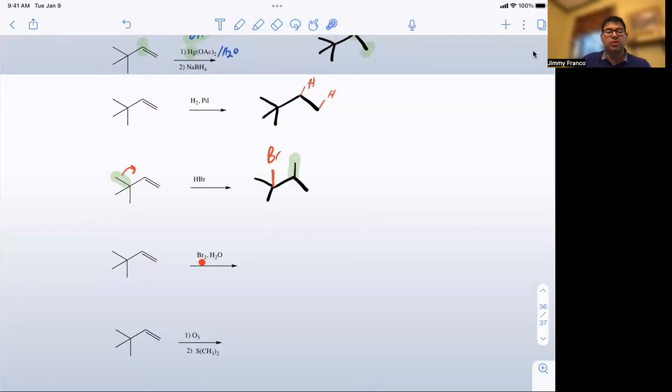If you see Br2 or Cl2, we won't rearrange, just like we did on the top. Before, we would have added right across the double bond. But when it's in the presence of water, the halogen will go to the least substituted carbon of the double bond, and the alcohol is going to go to the more substituted. So we're still just adding to these two carbons, no rearrangement.